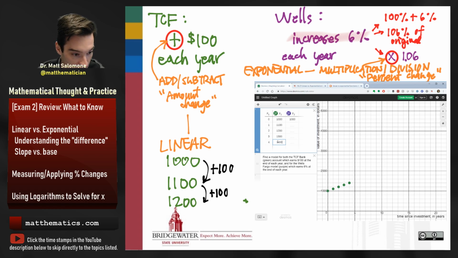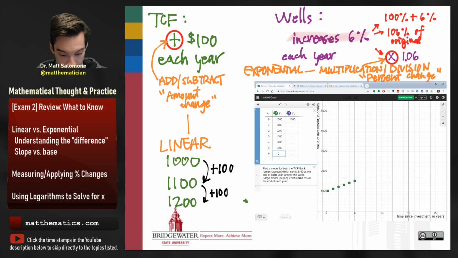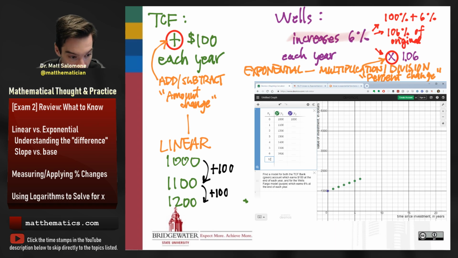Add another $100 the next year. Add another $100 the next year. And I'm going to keep going on this. 1,600. Let me skip ahead. I'm just going to use a little mental arithmetic here. Skip ahead to year 10. In year 10, we would be at $2,000. In year 20, we would be at $3,000.